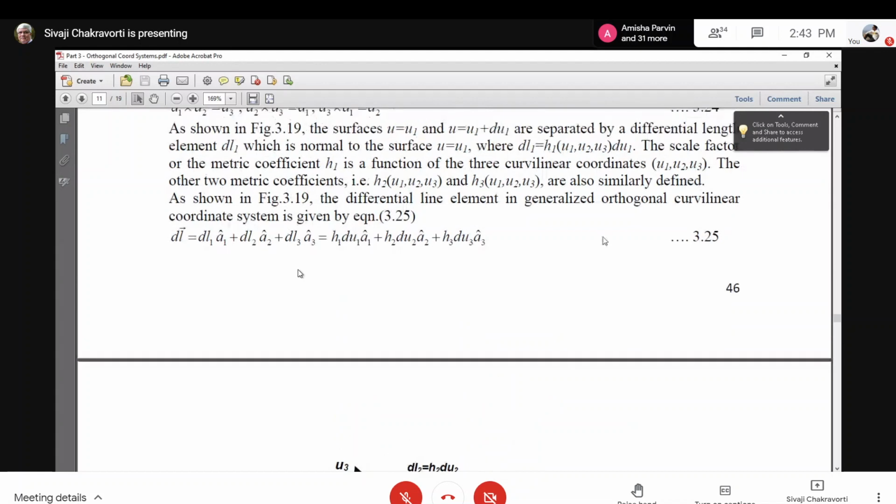Therefore, in equation 3.25, the dl vector has three components: dl1 with a1, dl2 with a2, dl3 with a3. What is dl1? h1 du1. What is dl2? h2 du2. And dl3 is h3 du3. So this is quite straightforward.